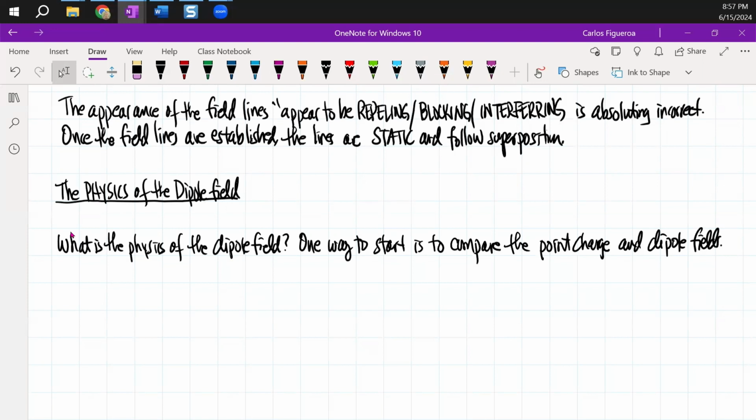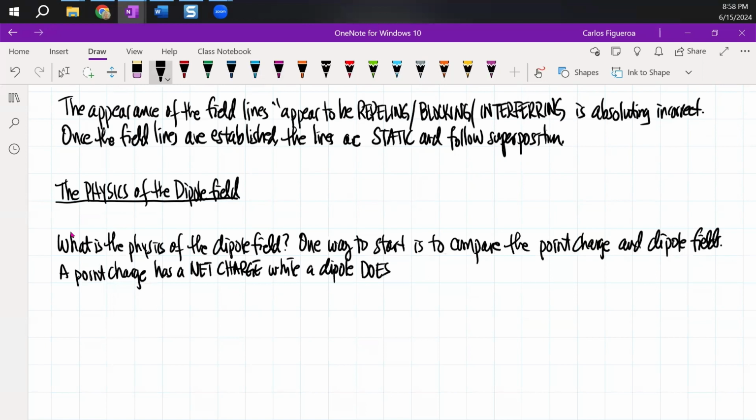So, once again, a point charge has a net charge, while a dipole does not.